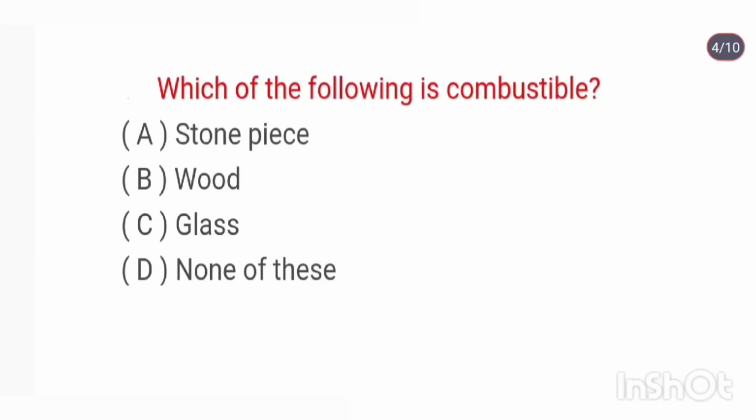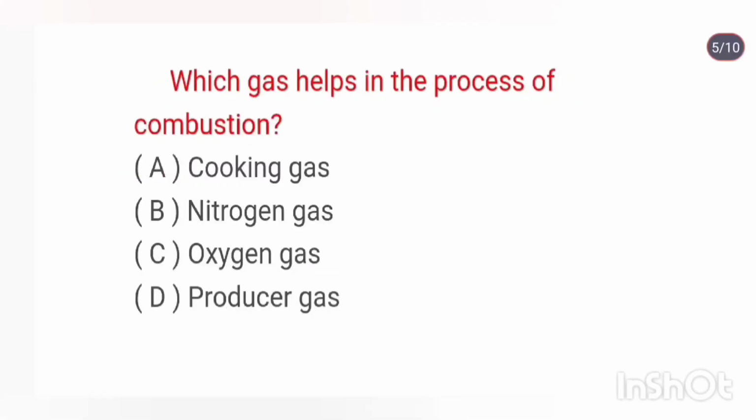Which of the following is combustible? Wood, which is an organic matter. It burns in presence of air. Which gas helps in the process of combustion? Oxygen gas.